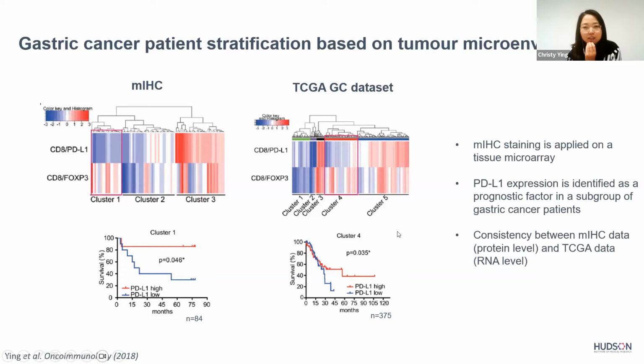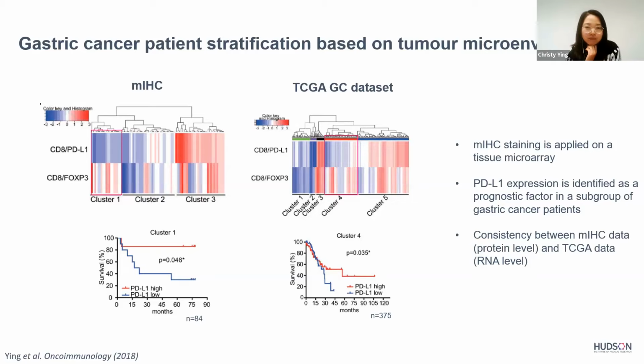So just to quickly summarize, in this story, I used multiplex immunohistochemistry staining on a tissue array, and we found PD-L1 expression is a missing prognostic factor in a subgroup of gastric cancer.